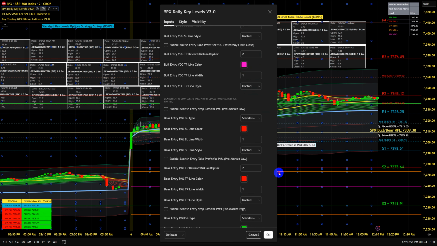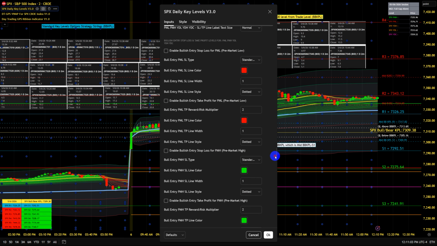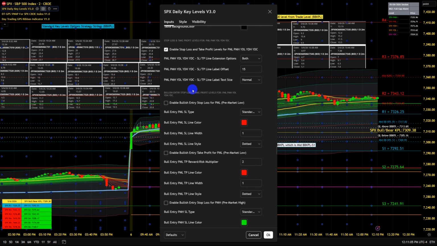In there you have separate sections for bullish and bearish entries. It goes through each one of the contextual levels, for which you can choose either a standard or tight stop loss to use. And then you have a risk reward multiplier that you can also enable. Both of those will be printed with lines and line labels. The risk reward multiplier default is 2, so that's $2 of reward for each dollar of risk.